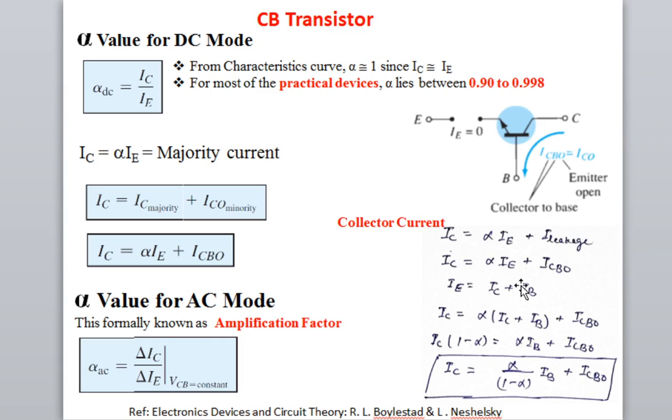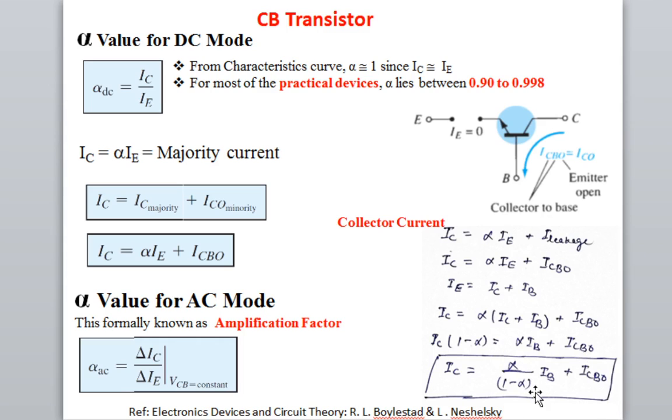So in place of IE we can substitute this, giving IC equal to alpha into IC plus IB, plus ICBO. This is IC equal to alpha IC plus alpha IB plus ICBO. Taking this quantity to the left-hand side, IC into 1 minus alpha is equal to alpha IB plus ICBO, or IC is equal to alpha upon 1 minus alpha into IB plus ICBO.